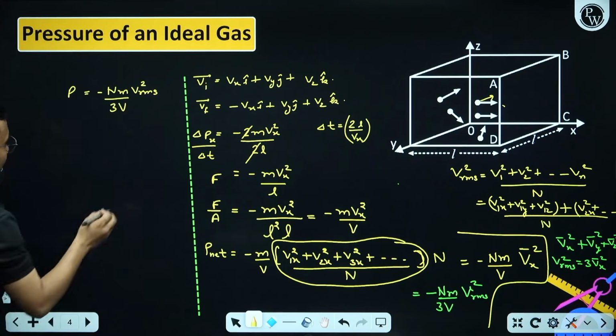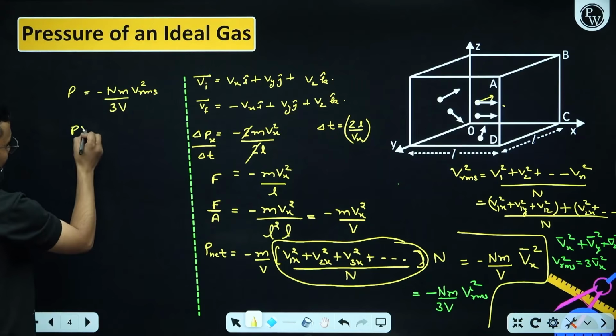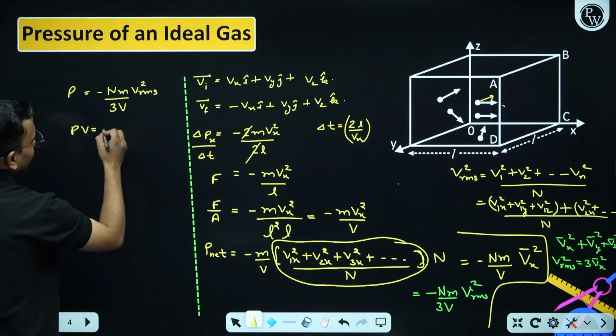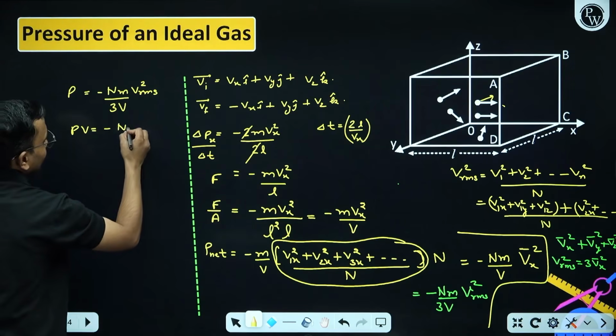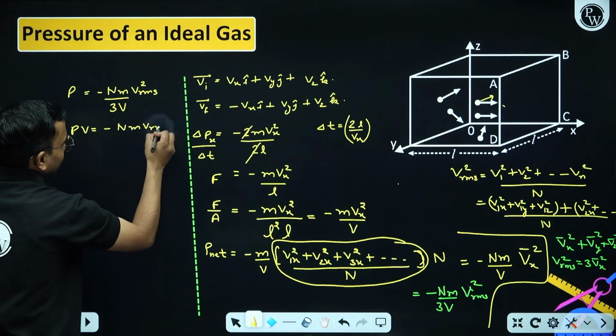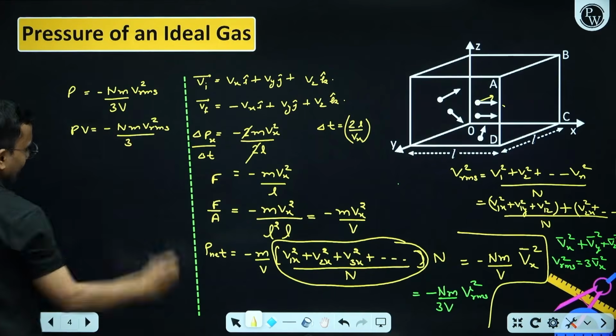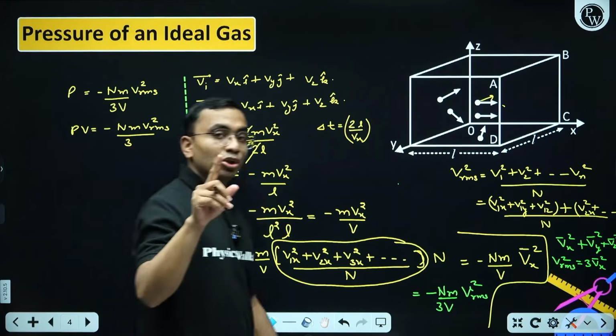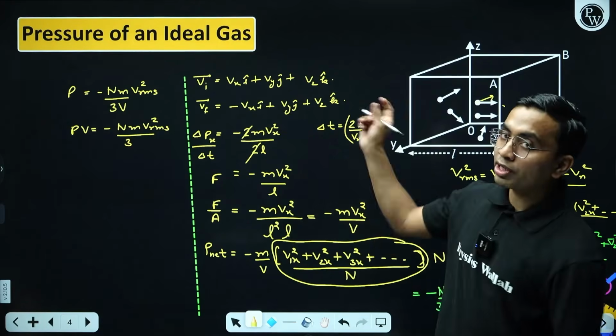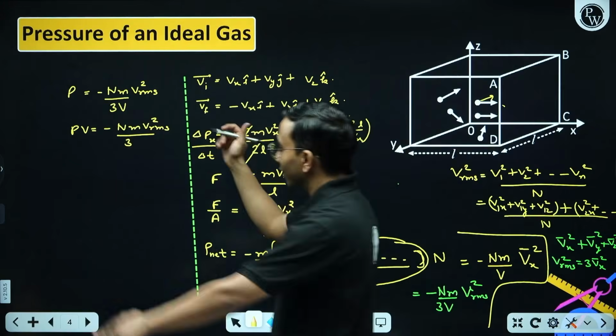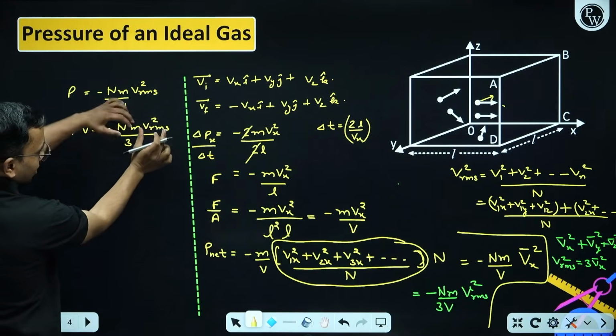From here, I can say that my PV comes out to be minus n into m VRMS square divided by 3. What is m? Mass of one molecule. What is n? Number of molecules. What is nm? Total mass. This is VRMS.